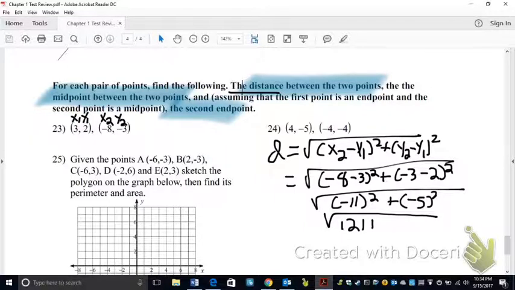Negative 11 squared is 121, plus negative 5 squared, which is 25, and again, that is going to be added together. So we get the square root of 146. Now that's as much as I can do. I can't factor anything out. If I factored 2 out, I'd get 2 times 73. Those are both prime numbers, which means there's no ability to factor out that distance.